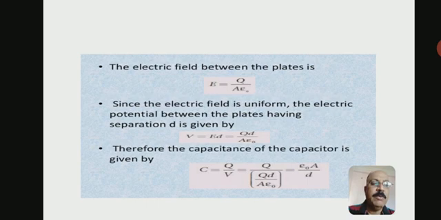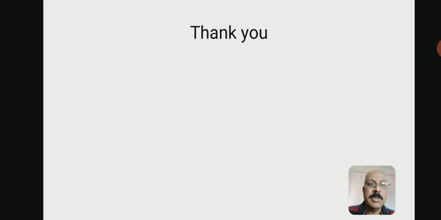We know the value of E, Q divided by A epsilon naught, and d is written as it is. Therefore, the capacitance of the capacitor is given by C is equal to Q divided by V, which is equal to Q divided by Q d divided by A epsilon naught. Q gets cancelled, then the capacitance of the parallel plate capacitor is given by epsilon naught A divided by d.